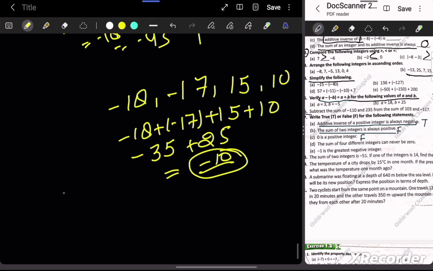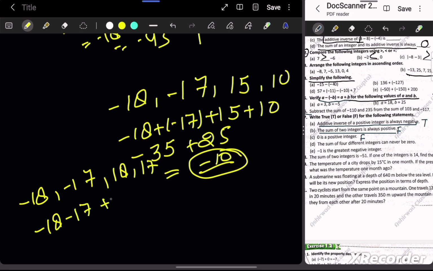But take four different integers, minus 18, minus 17 and plus 18 and 17, they are different integers. Now here is the sum, minus 18 plus minus 17 plus 18 plus 17, the 17s and 18s cancel. Answer 0. The sum of four different integers can never be 0.